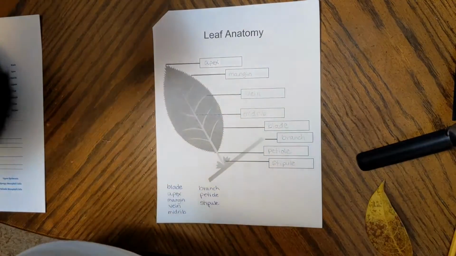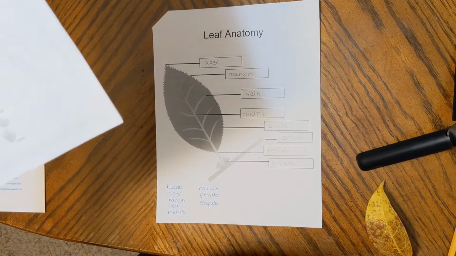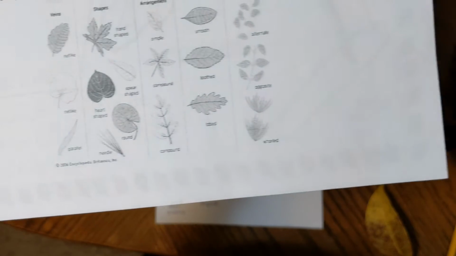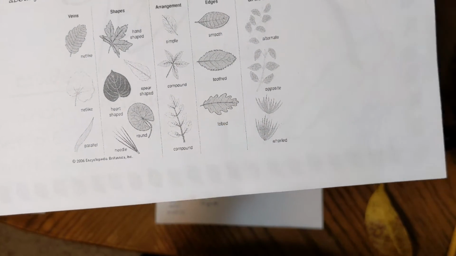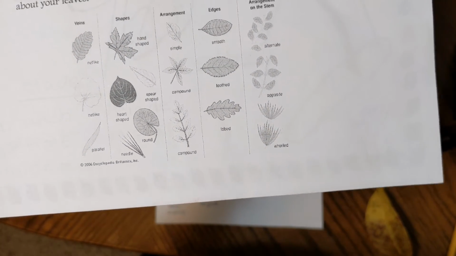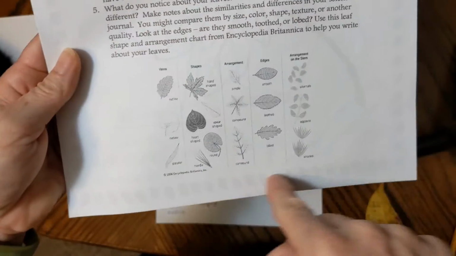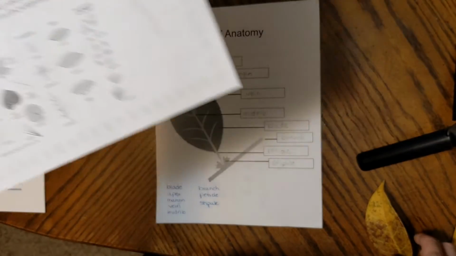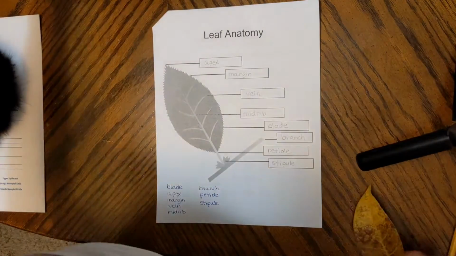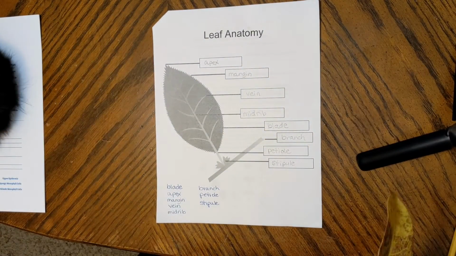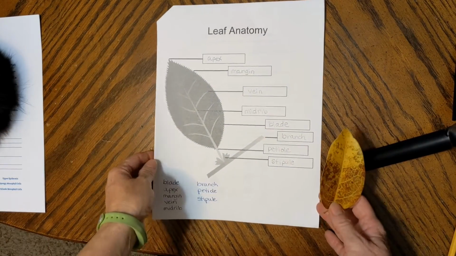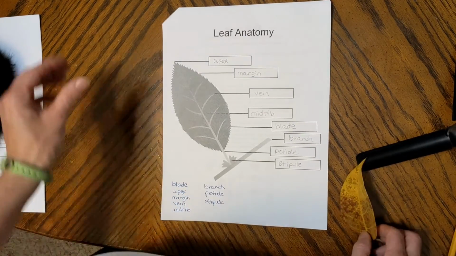And then something like an oak leaf, we would call a lobed edge. Let's see if you can see right there. That's a lobed edge. So this will be a fun chart to use as you collect your leaves and learn some of the terminology, and you can use those words in your science notebook when you're describing your leaves.